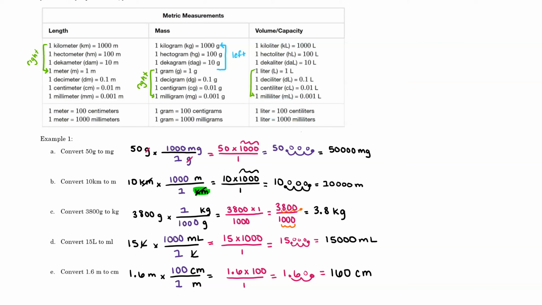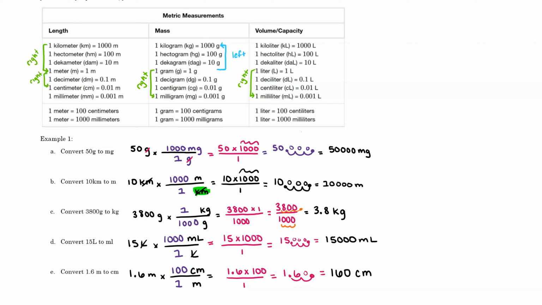Liters to milliliters, I moved my decimal right. And then from meters to centimeters, I moved my decimal right. It turns out that if you're moving down the list, you move your decimal to the right, and if you're moving up the list, you move your decimal to the left.